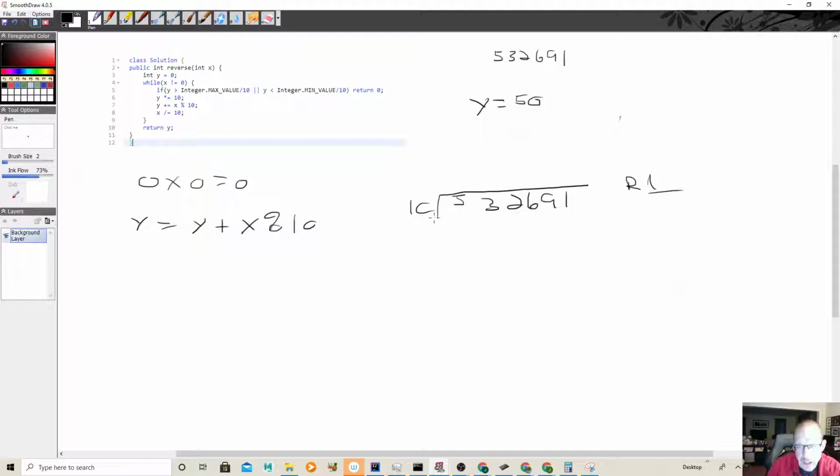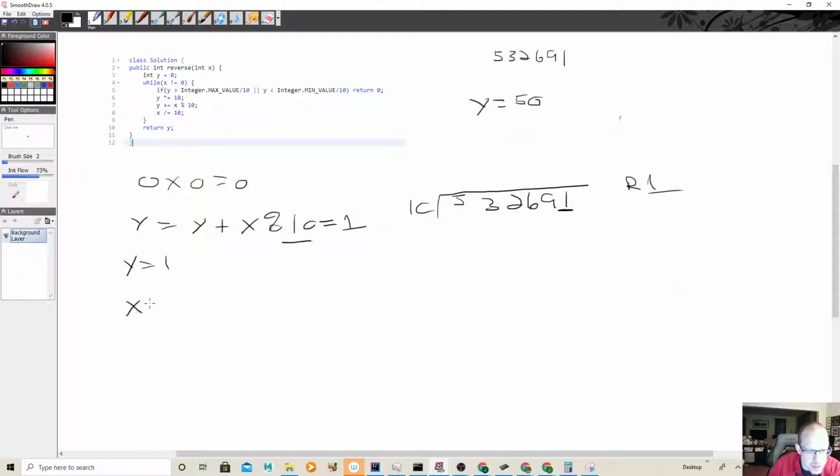I'm just going to get that remainder. When you take the remainder of something divided by 10, you're getting the last digit, okay? So y in this case is going to equal 0 plus 1, which is 1.